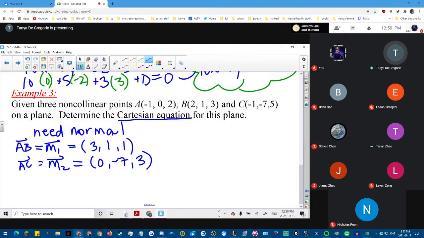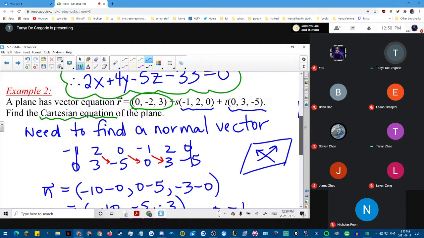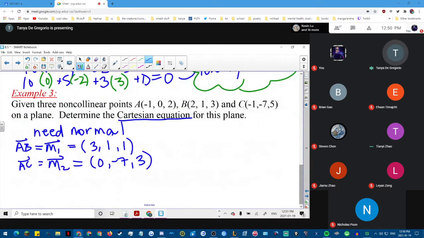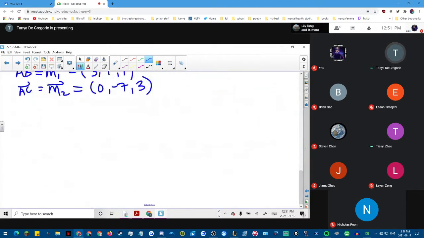Now, these are 2 direction vectors. And so now I have the exact same situation that I had here. I have 2 direction vectors and I have 3 points to choose from. So I need to cross my 2 direction vectors to find the normal.